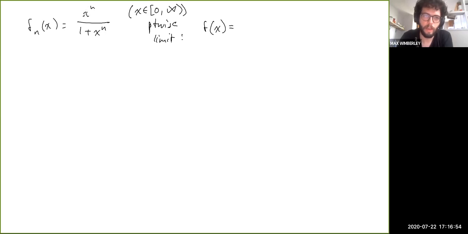If x is small, x to the n approaches 0, so fn approaches 0. So it's a piecewise function: 0 for x in [0, 1). When x is precisely 1, this is just 1/2 for all n. So this is 1/2 for x equals 1.